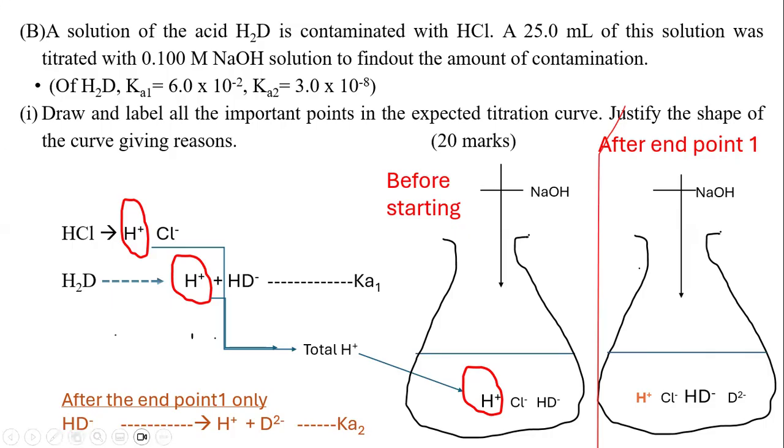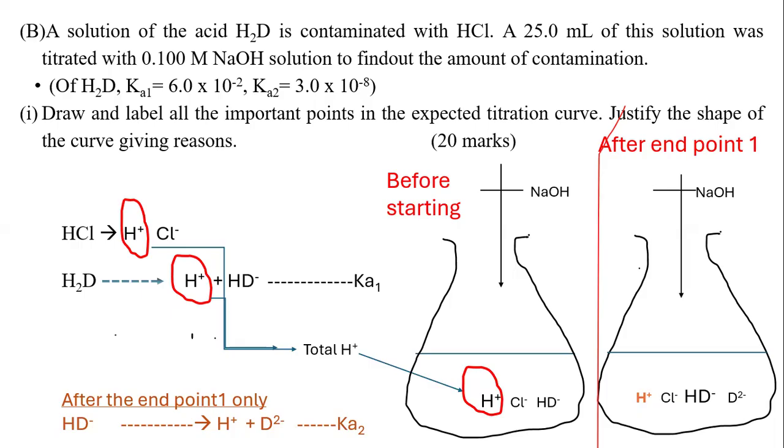Then that means you are reaching the second endpoint. Okay, after the second endpoint, so you have two endpoints now in the curve. After the second endpoint, you are going to add sodium hydroxide, but no H plus. You are adding OH minus, then pH will be rising slowly.